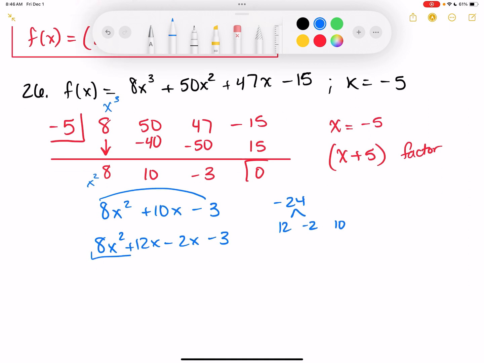Factor by grouping. So in the first set, I can take out a 4x, and that's going to leave me with 2x plus 3. Over here, the only thing I can take out is a negative 1. And I'm left with then 2x plus 3. Stuff inside matches.